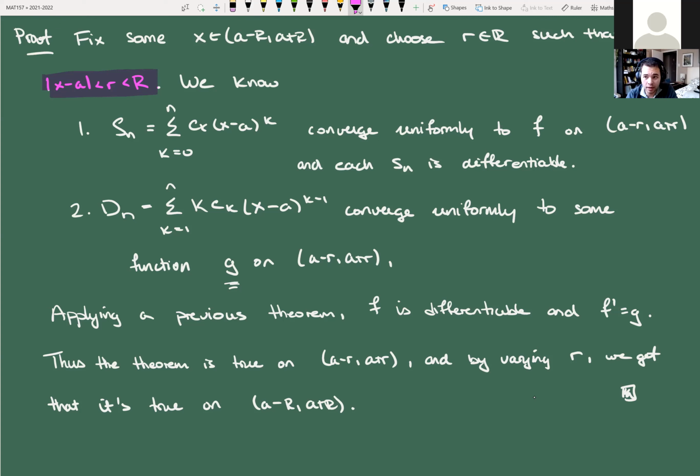Well, that thing has the same radius of convergence, converges uniformly on any smaller subinterval, and is still just a polynomial. So this function is actually twice differentiable, right? And the second derivative is the second differentiated power series. But that thing has the same radius of convergence and converges uniformly, and its partial sums are polynomials.